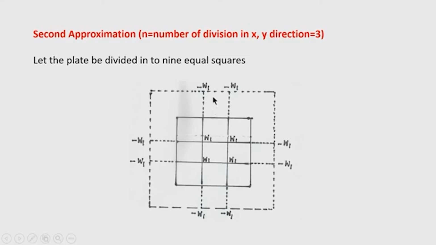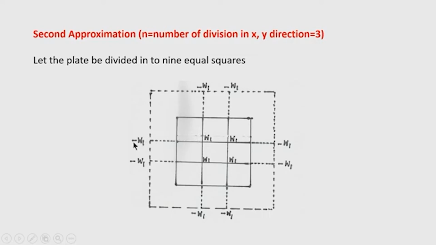And when we consider the boundary condition, that is, the bending moment is 0 at the simply supported edge, we encounter one imaginary node. That imaginary node for the simply supported condition has a coefficient of minus 1, and therefore the deflection value of the imaginary point to be taken is minus W 1 as compared to the deflection of the corresponding interior point.